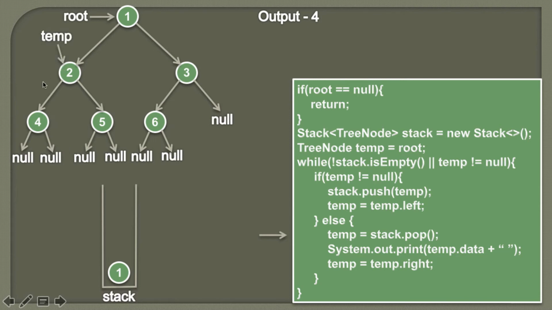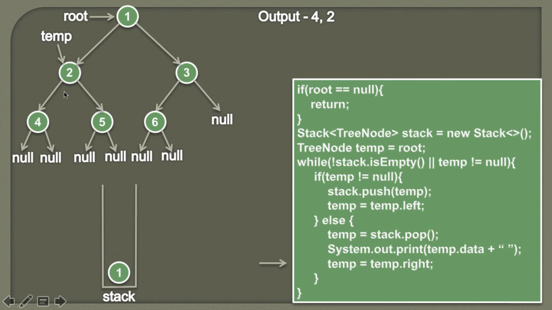Which makes sense because we have completely traversed the left subtree for the node 2. So now it's the time to traverse the node 2. In the next step, we'll simply print the data associated with the temporary node, which is 2. So on the console, we simply print 2. And then we'll simply traverse temp to its right.